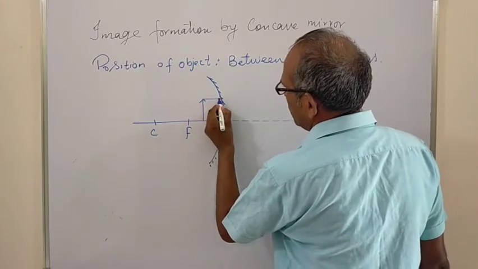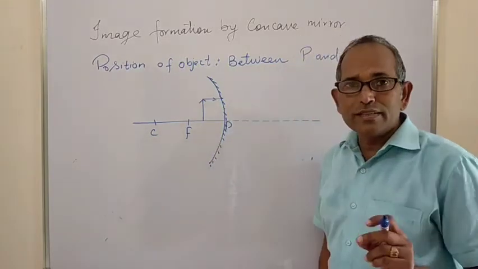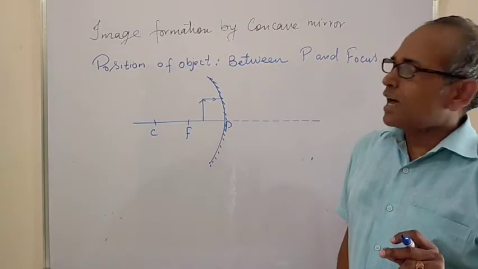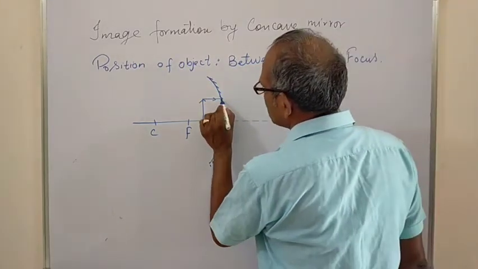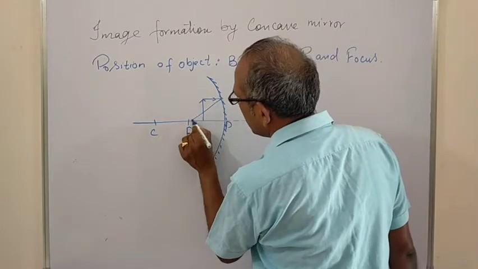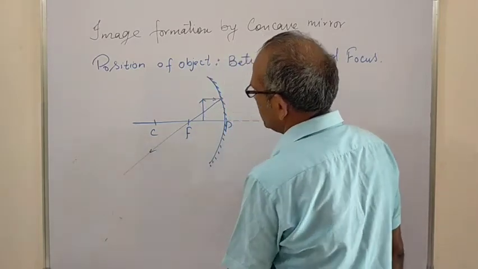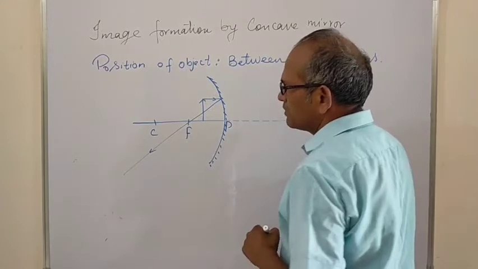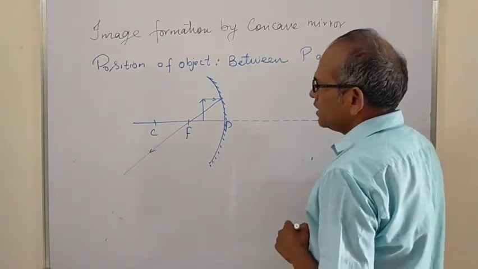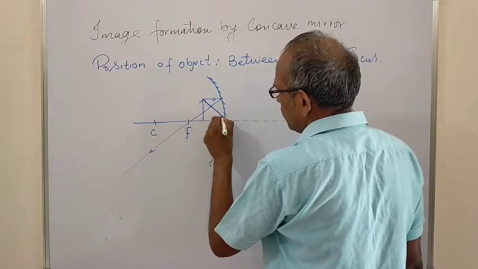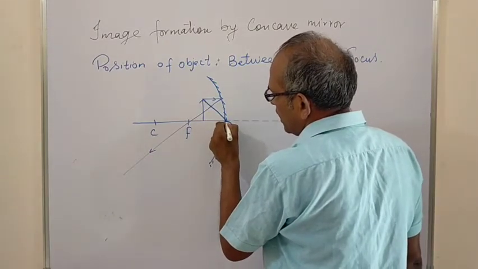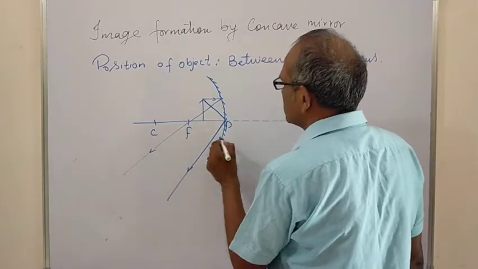I take one ray parallel. So just notice that in every case I am taking one ray parallel, right? So it passes through the focus of the principal axis. Okay, focus of the mirror, right? I take here, students, one ray at the pole and here it is reflected below this.